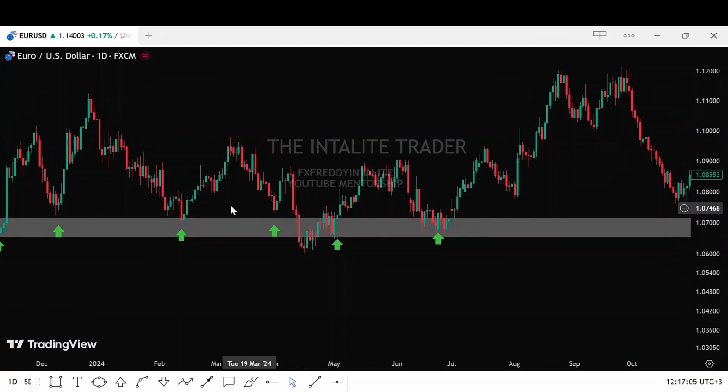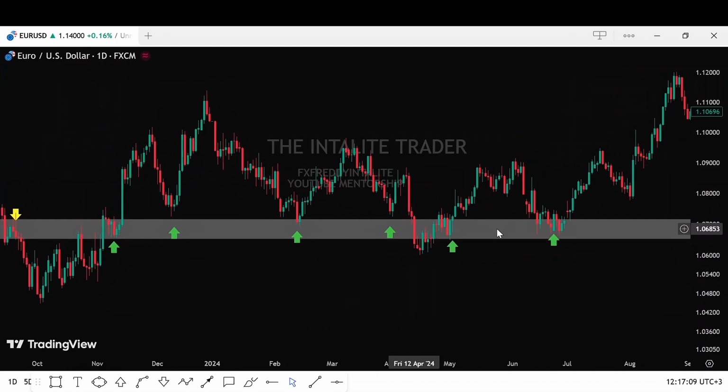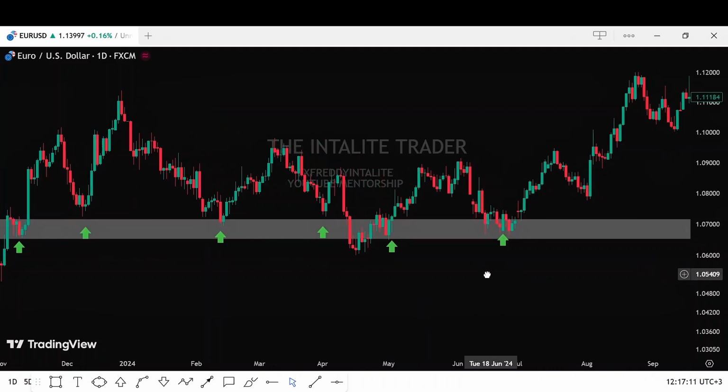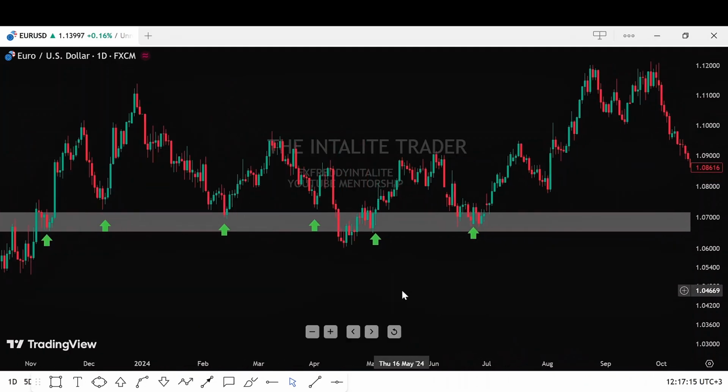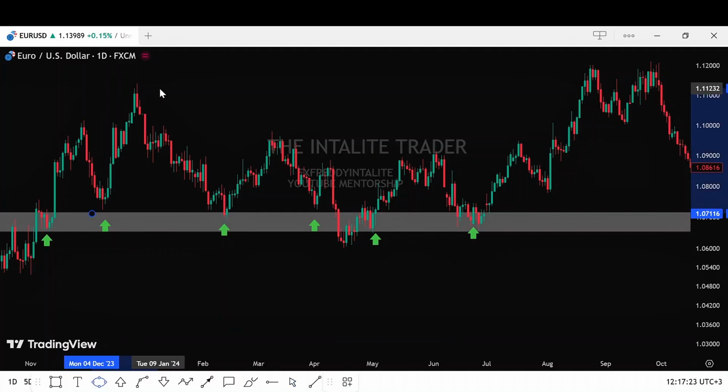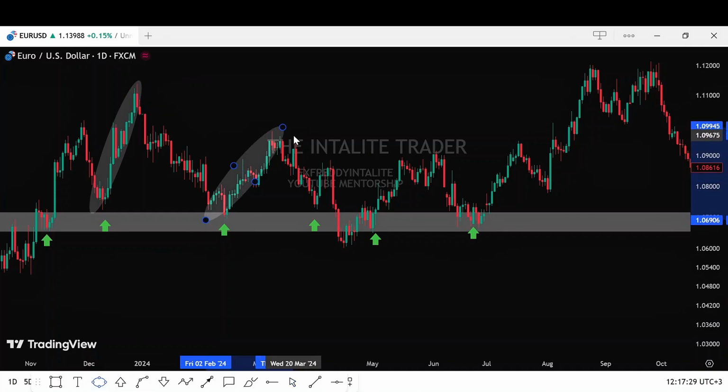So these multiple times of how price is reacting to this level, these are what we call multiple reversals or bounces or reactions. Because we see each time price comes into this level, it reacts and trades away. Price comes, it reacts and trades away.